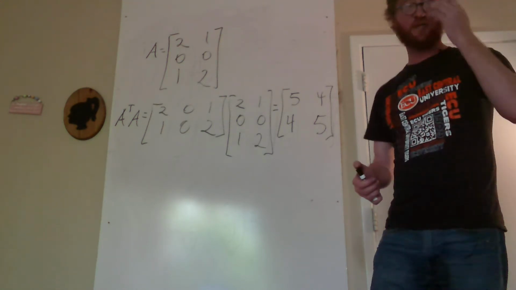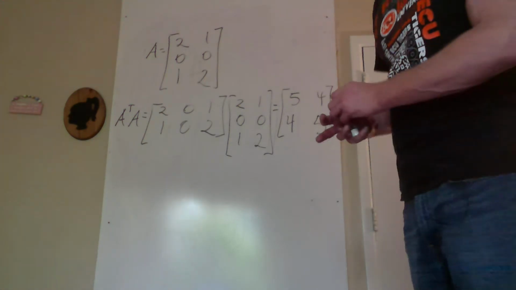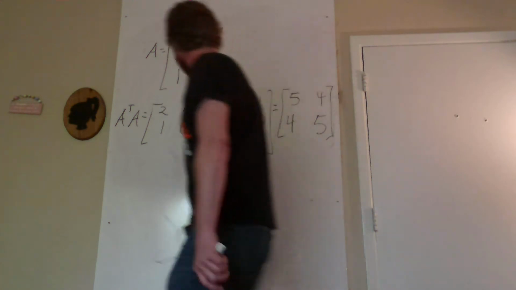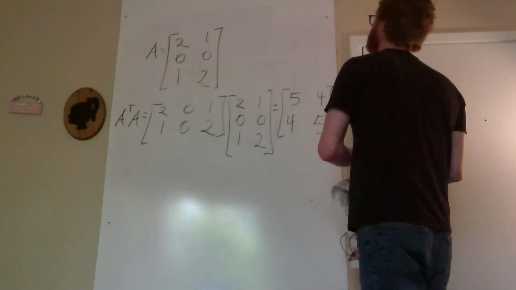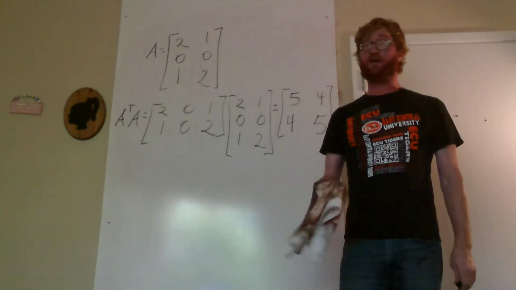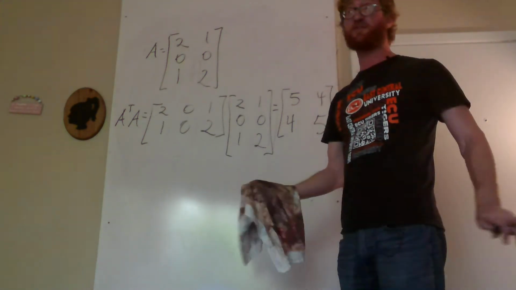So let me find that inverse matrix. Oh, this is going to get nasty, mainly because it's got a lot of fractions. The video on YouTube should be clear. So we found A transpose A. Now we need to find the inverse of A transpose A, and I'm not going to write down all the work because it's a bunch of fractions.